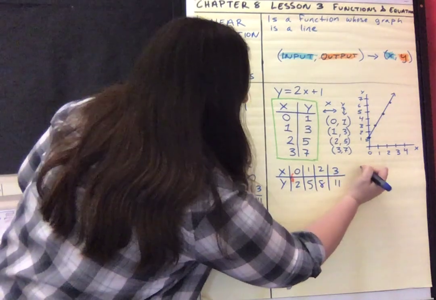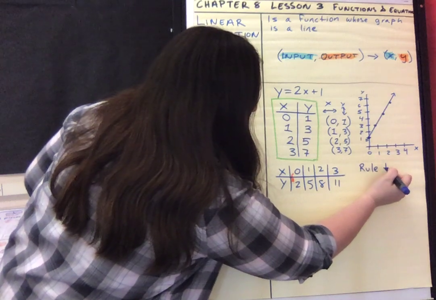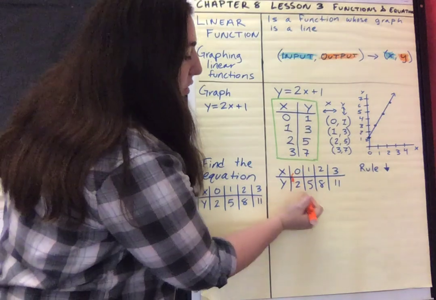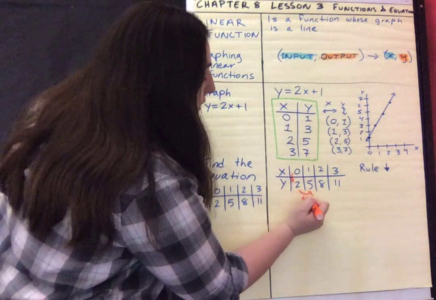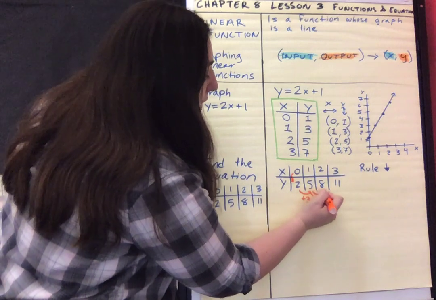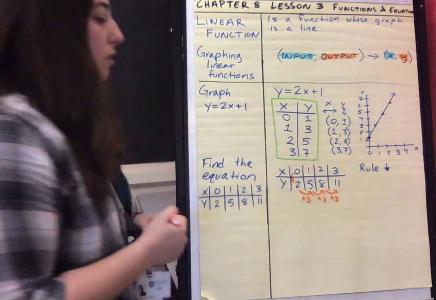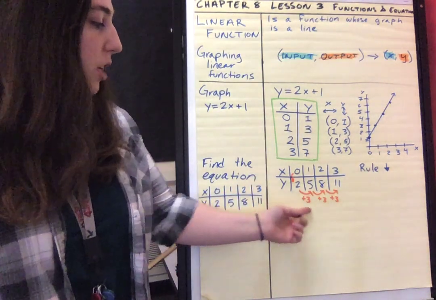So the rule should be going down. So I'm going to look at the change in y real quick. So from 2 to 5, I notice I have to add 3. From 5 to 8, I need to add 3. And from 8 to 11, I need to add 3. This is a constant change, right?